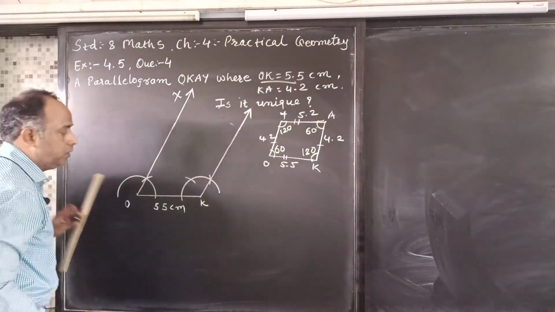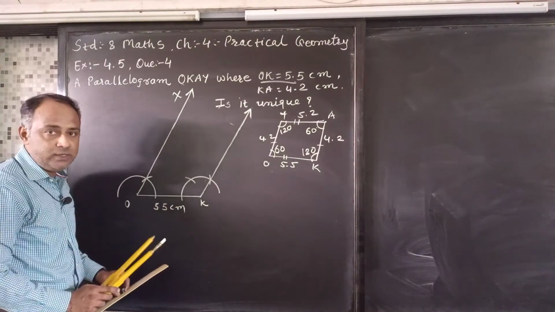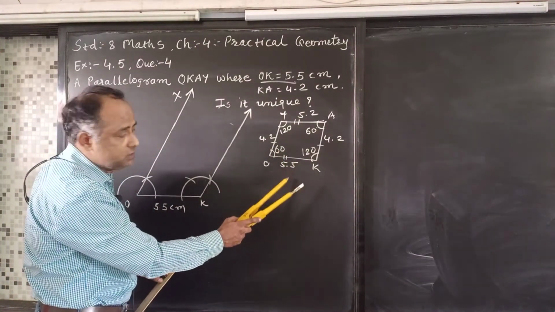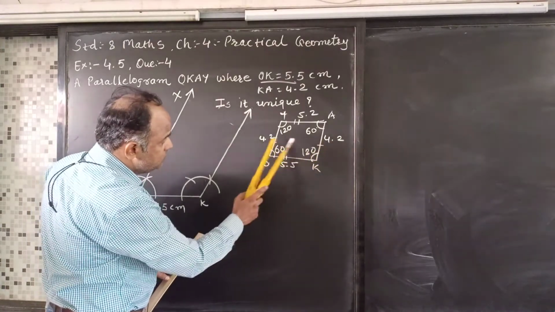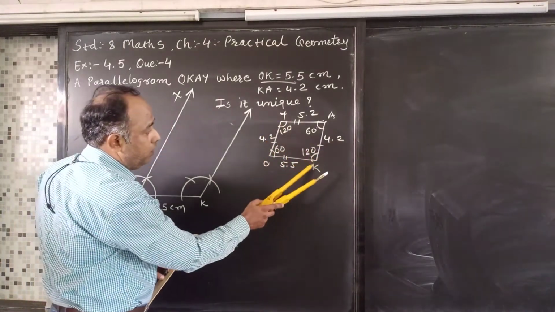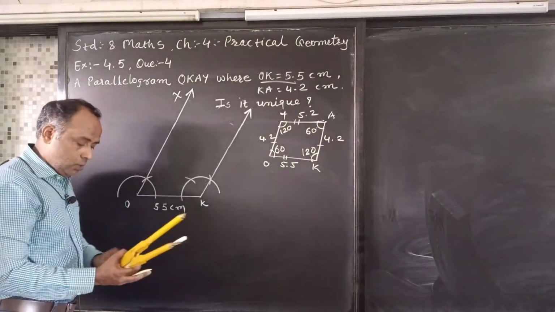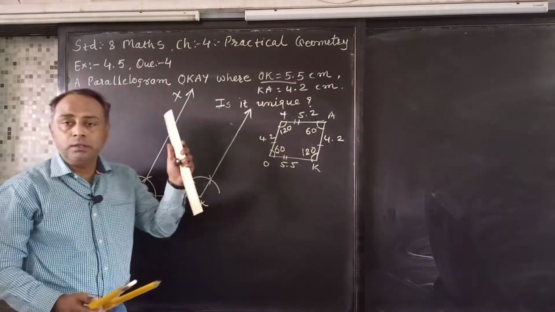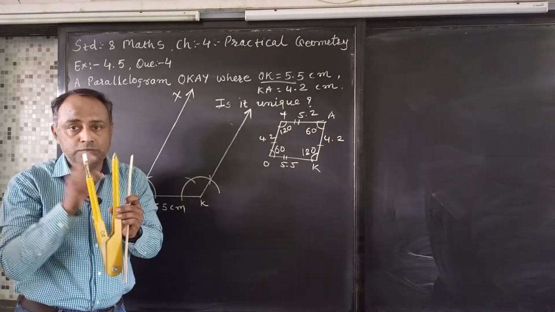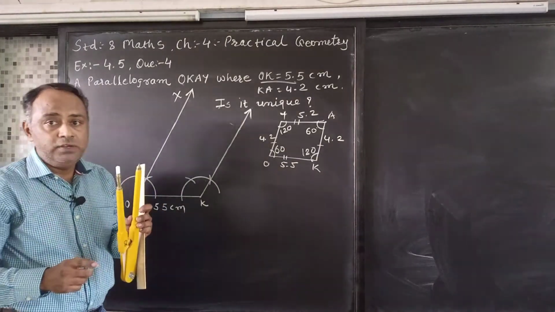Now friend, very important to know, OK is of 5.5 centimeter. If OK is constructed of this length, these must be 4.2 and 4.2, that is OY and KA. So remember friend, I am going to take the help of scale, and the length of this compass, which we call radius, has to be fixed well.